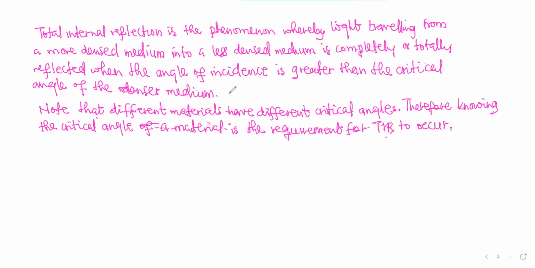So let's look at how we calculate the critical angle of a material. Because we are just learning that, to cause total internal reflection, we must first know the critical angle of a material. So how do I calculate the critical angle in order to cause total internal reflection in a particular material?